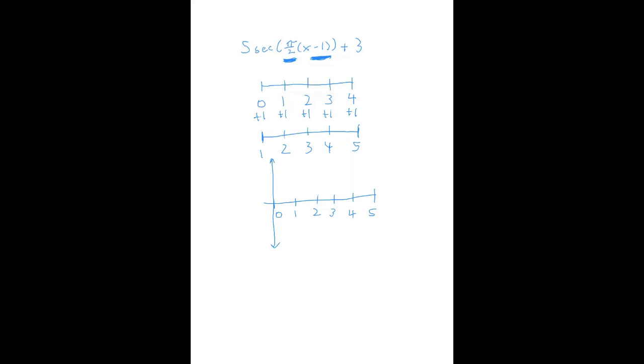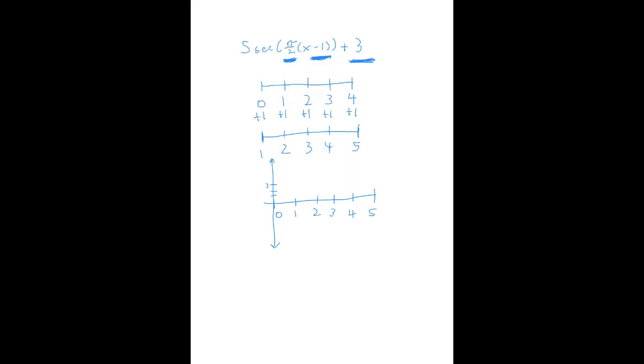Now, for this graph, all that's left to do is our vertical components. Well, the vertical shift tells us our midline. So if our vertical shift is up 3, then the middle of our graph is going to happen at 3. So let me maybe do this dotted line in a different color.